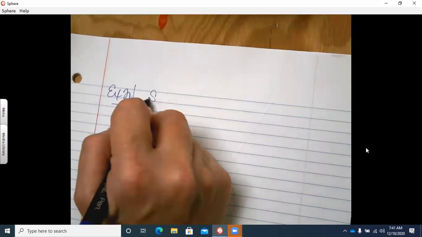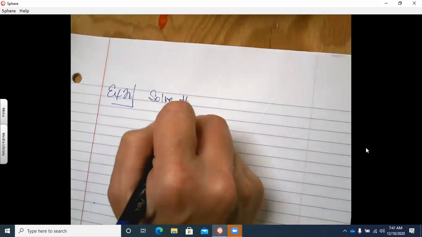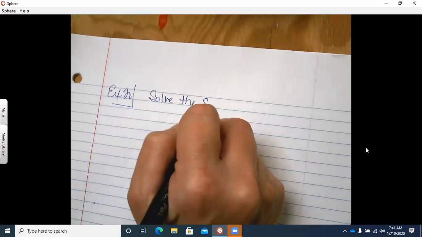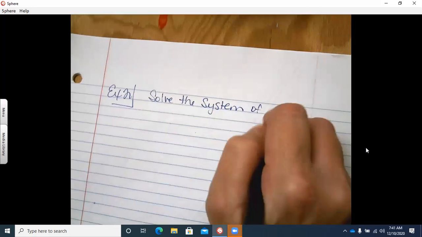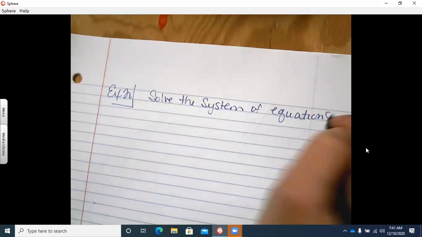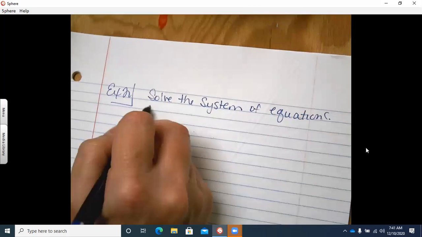I didn't really show you anything new there. So let's do example 2. This time we're going to do 2 quadratic equations. So we are going to solve the system of equations. And a lot of times when we have systems, we use the bracket.